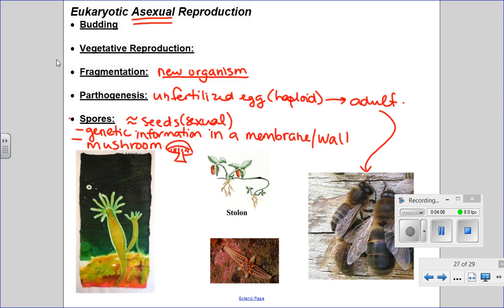If the limb that was cut off regrows a new starfish, that's fragmentation. So I wanted to make sure that that was clear. So just being able to regrow a structure is not fragmentation. In all of these, we're talking about reproduction. So we have to be getting offspring here. There has to be a new organism that results from it. Does anyone have any other questions they'd like to ask about any of these types of asexual reproduction?